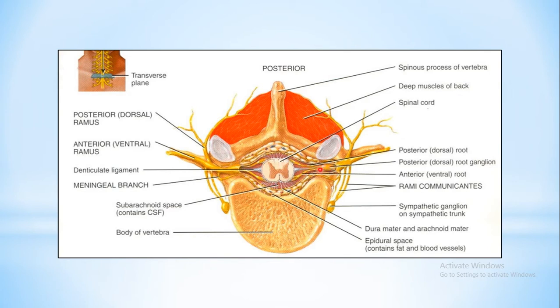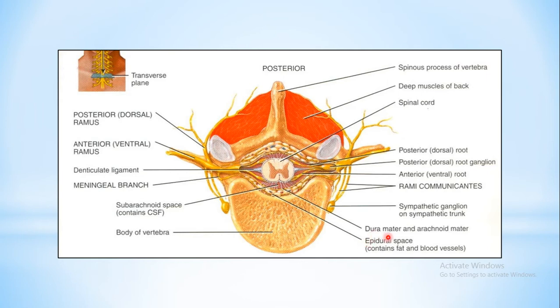This is your nerve root which is traveling out. This is your vertebra, one of the vertebrae shown over here. From here your nerve roots are coming out of your spinal cord, leaving your vertebral column and then supplying towards the periphery.